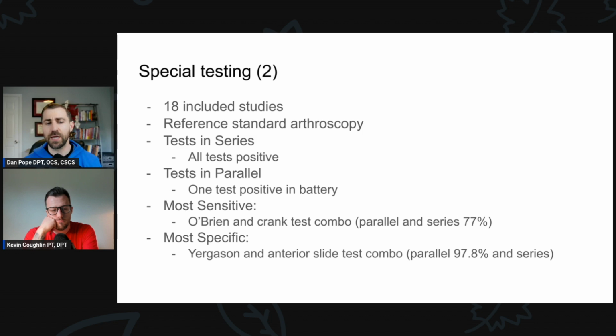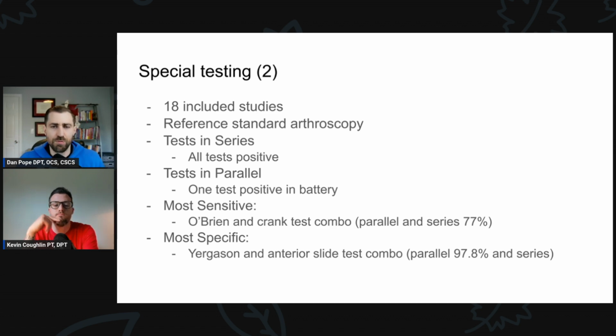But what I will say is that the most sensitive combination of tests were the O'Brien and Crank test combo. And then the sensitivity in series and parallel, I think in series was 77%. The most specific test was Jurgensen and anterior slide test combo. And then that test in parallel was 97.8%. So at least in this study, which included a lot of other studies, obviously, right?